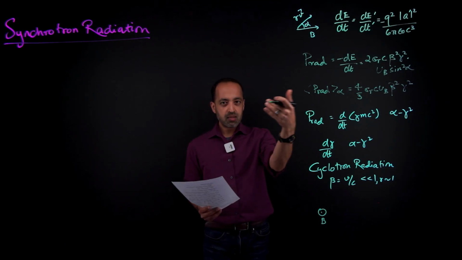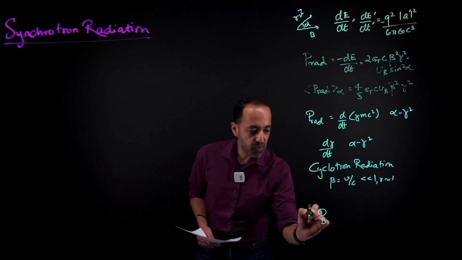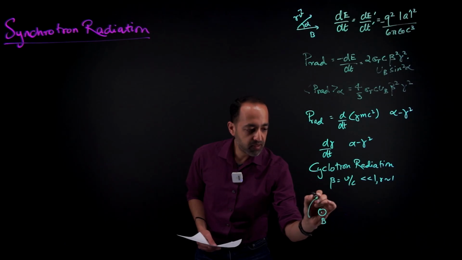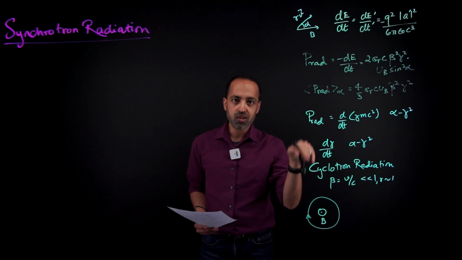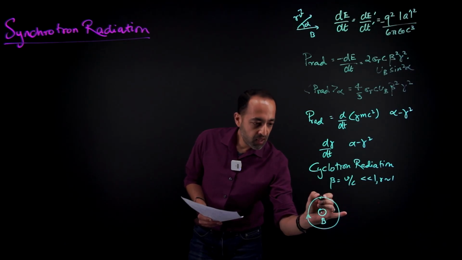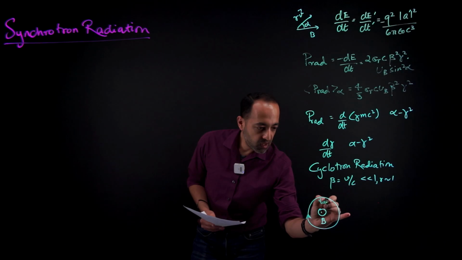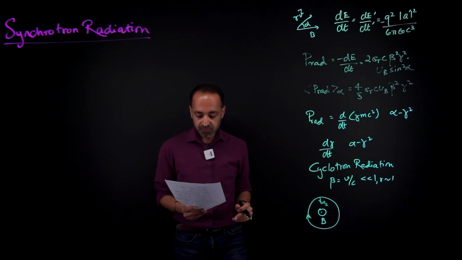So we're looking at a system, and it's got a magnetic field that's kind of poking out of it. In that case, the charged particle, as you know, will make circles, and so the projected orbit or trajectory of the particle is going to be a circle in the sky. The acceleration is going to be perpendicular, pointed inwards. It's a centripetal acceleration that keeps it going around in the circle.